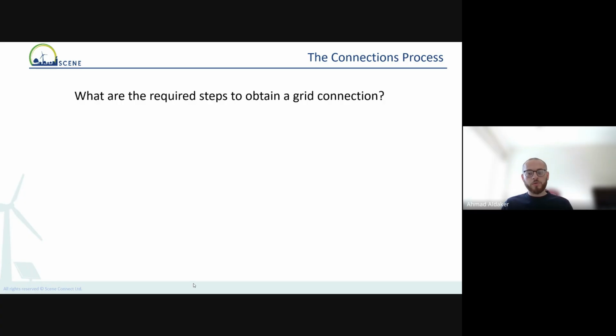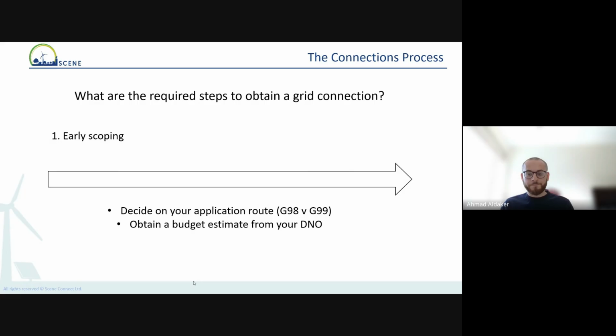So how would you go about obtaining grid connection for a generation project? Before you apply, you should conduct some initial scoping into how you're going to proceed.